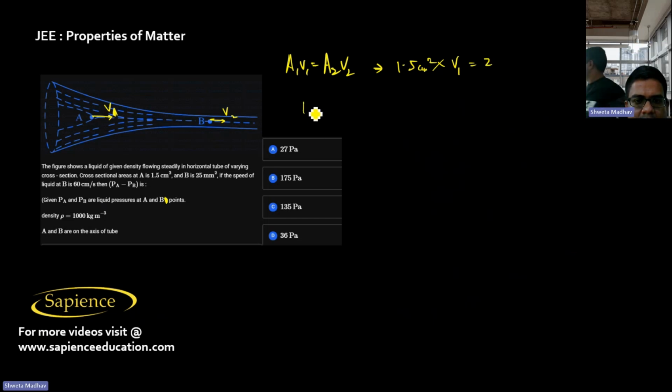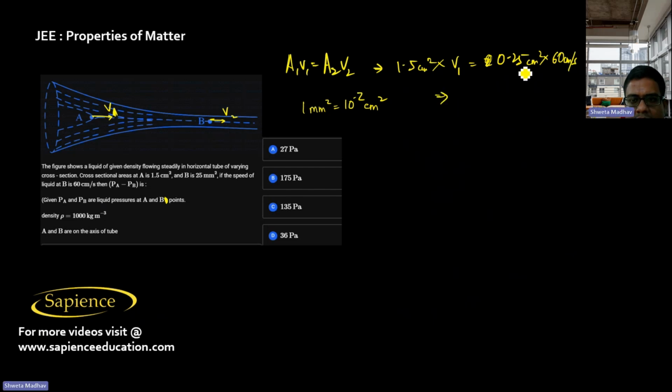So 1 millimeter square is 10 power minus 2 centimeter square, which means it is 0.25 centimeter square into V2, that is 60 centimeter per second, the velocity at the point B.